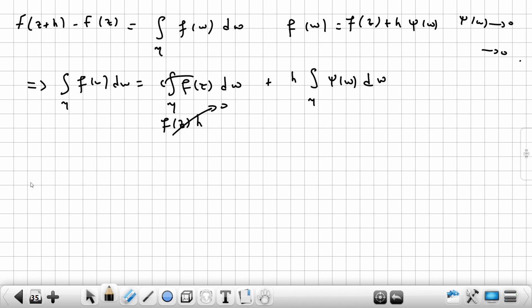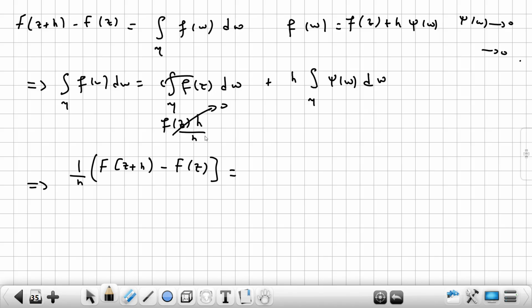Now we obtain that 1 over h times F of z plus h minus F of z is equal to what?